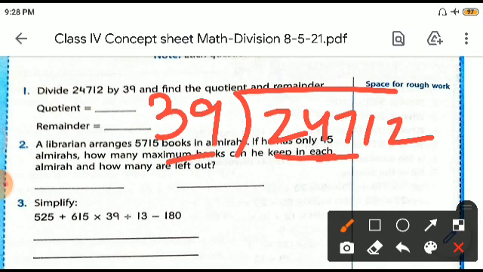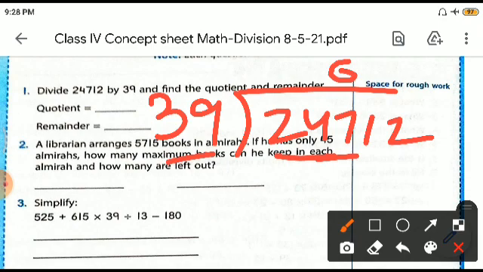Now we will be dividing 247 by 39. How to do this? Very simple. You will go by the tables. You will find that 6 times 39 goes to 247.